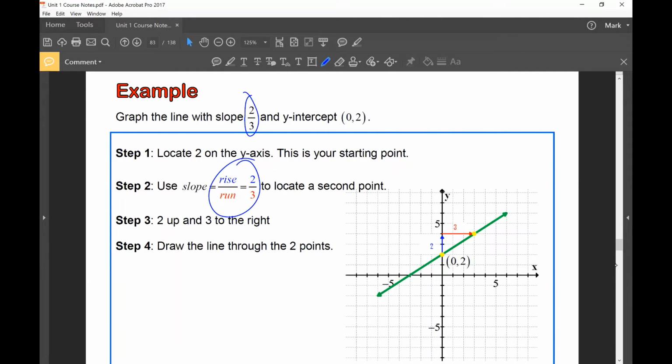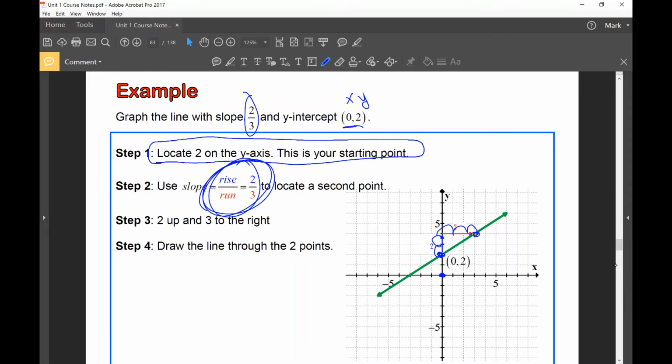So the first thing I'm going to do is plot my axes, x and y. This point means I'm at 0 on the x and I'm going to go to the 2 on the y. Now that I know my y-intercept, I'm going to count my rise over run.